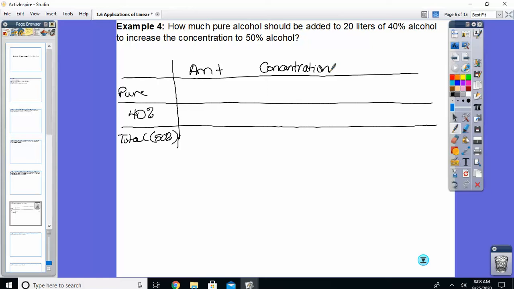So our formula here, we're going to take the amount that we have times the concentration, and that equals, I call this the amount pure, the amount of actual apple juice that I put in her cup to begin with. This will be the same formula we're using on all of these: your amount times your concentration equals your amount pure. Those are the columns in my table.